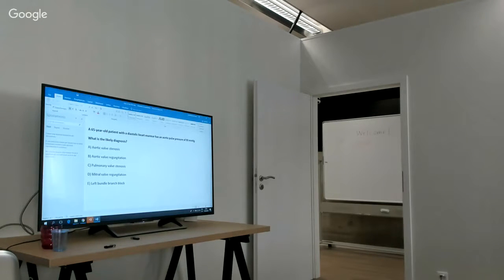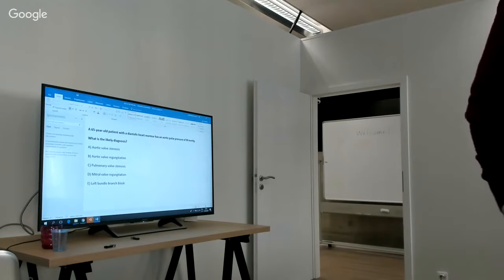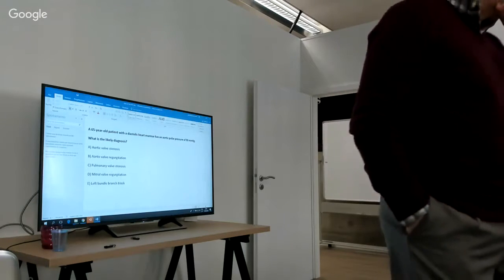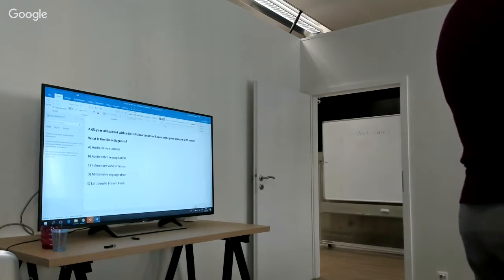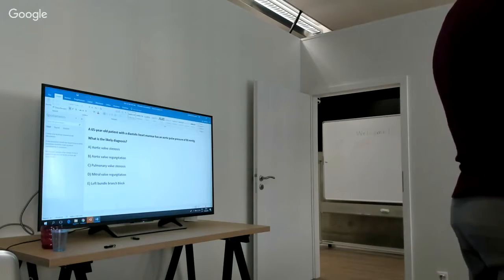And we have the aorta at 45, and the systolic can go to 135. The difference is 90. This patient needs a valve replacement.